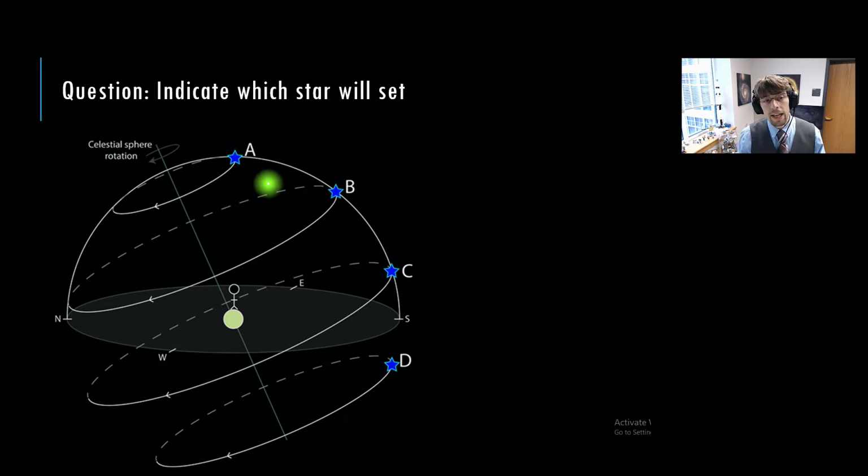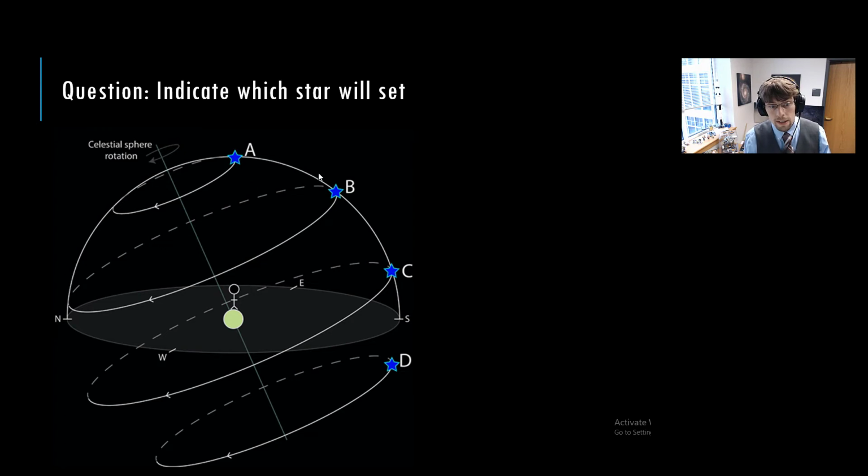So we look at A, and right away we can see A doesn't cross the horizon at all. So, okay, we're good there. How about B? Well, it gets closer and closer. So here's due west, and then it keeps getting closer, and you notice it never actually crosses the horizon.